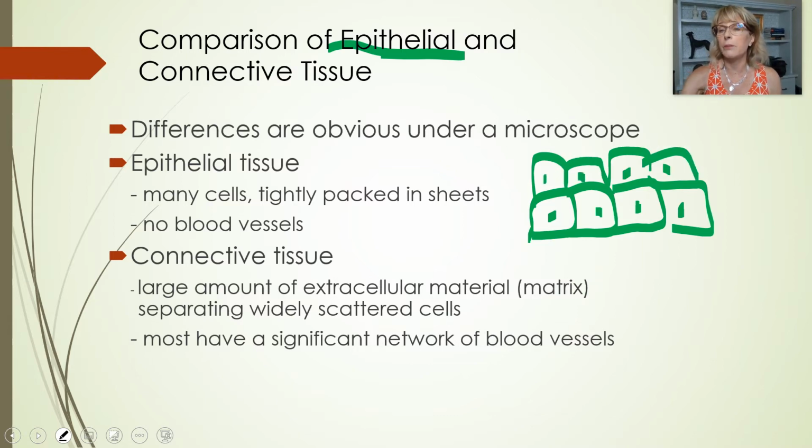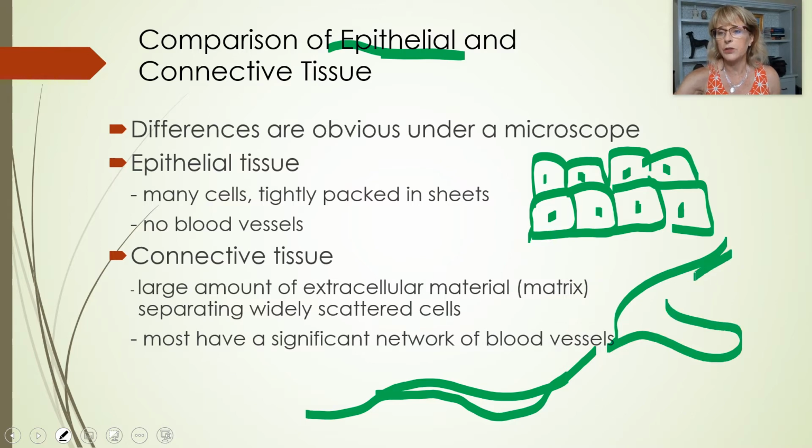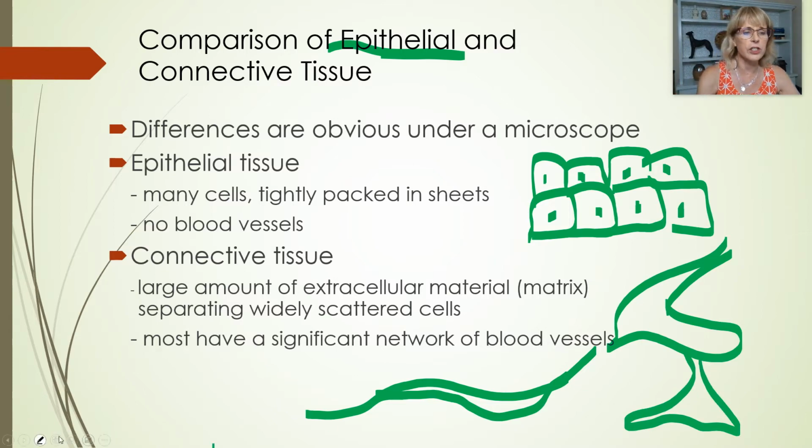If I were going to make a comparison, a typical connective tissue cell is maybe going to look kind of like this, and it's going to barely touch the fingertip of its friend over here, and then that one's going to touch another one. They don't touch each other, and so you would be very wise to ask, how can it be that they don't touch each other? What's in between?